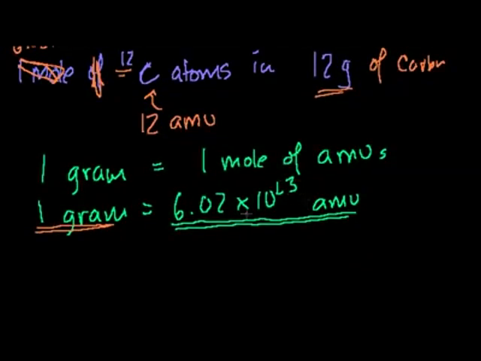And just to hit the point home, this is a huge number, and to maybe visualize it, I was told that in the diameter of a hair, if you go this way, there are 1 million carbon atoms that way.